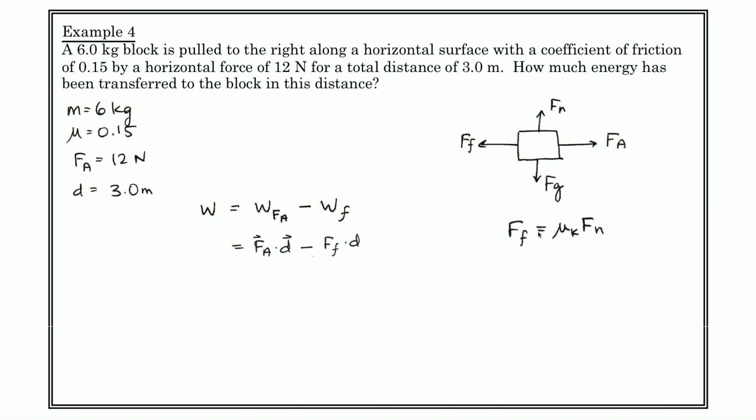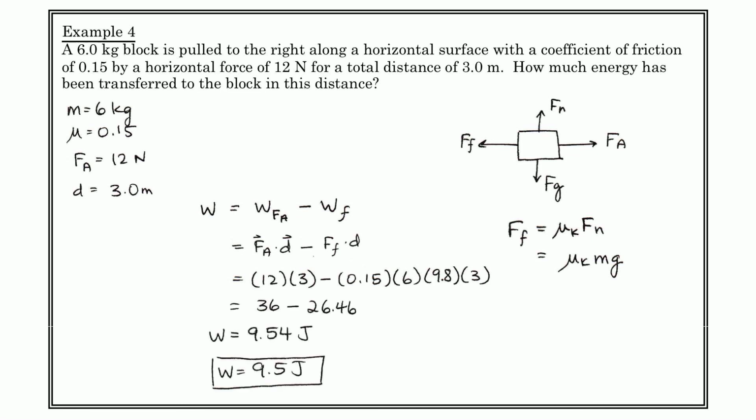Force of friction, we know, is mu times the normal. And in this case, the normal happens to have the same magnitude as the force of gravity because it's a horizontal surface. We can take this and plug it in here, and here's what we get. 12 times 3, which is force times displacement, minus 0.15 times 6 times 9.8 times 3.